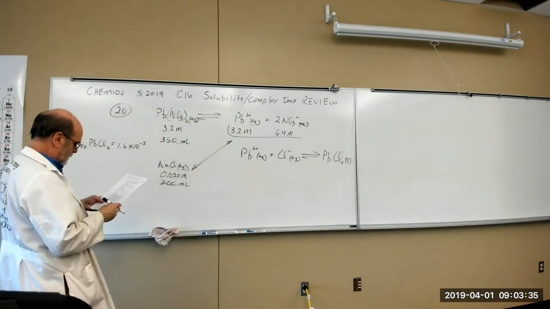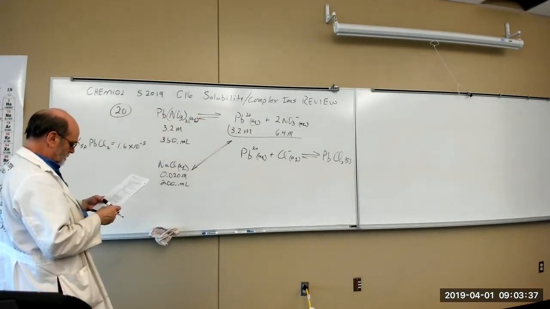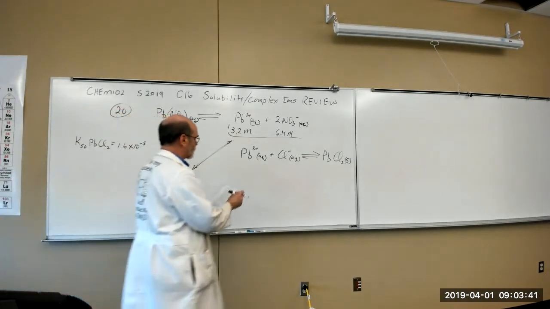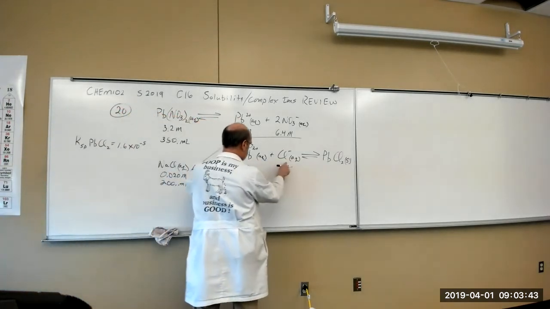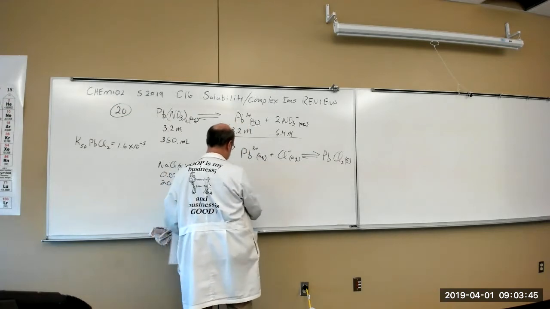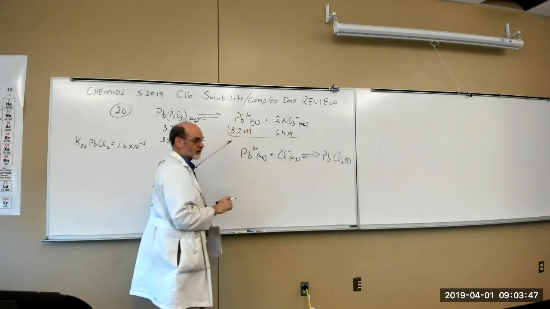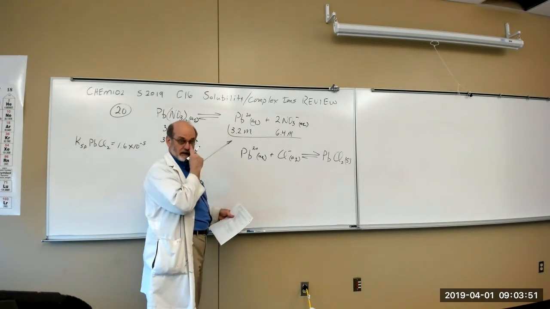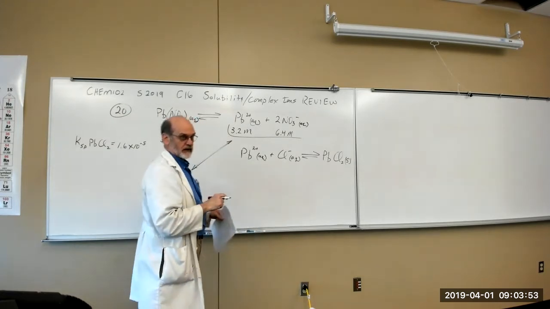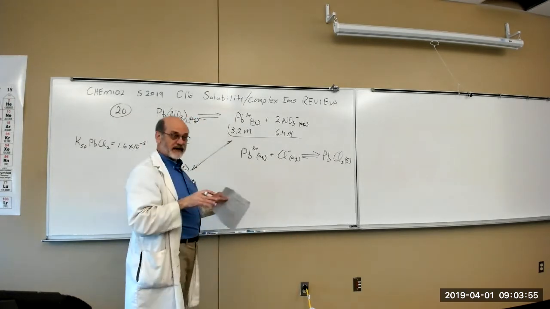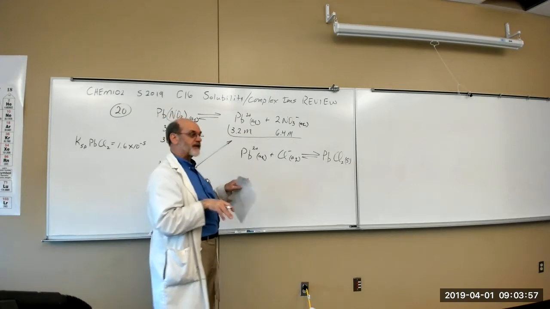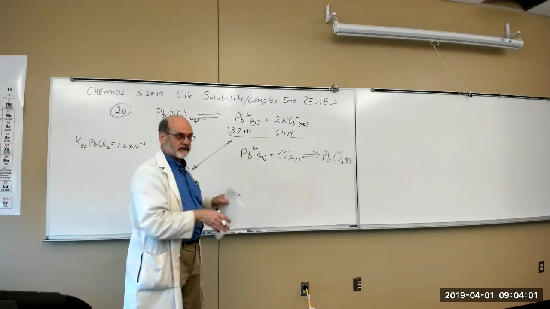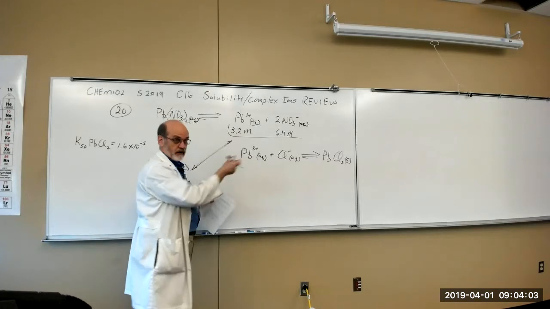Now, what's the question? Determine the ion product. The ion product is going to be this one times this one. Since we're not talking about equilibrium, we're talking about Q. That's what ion product means. If we were talking about an equilibrium situation, we'd say solubility product. Ion product tells you which way the reaction is going to go.